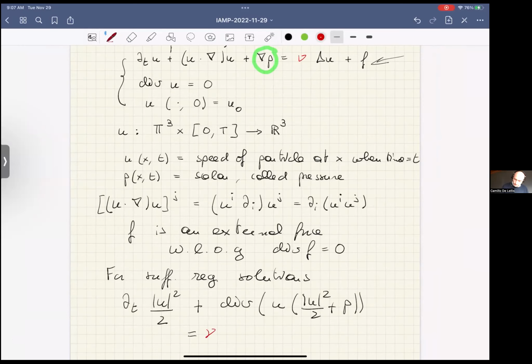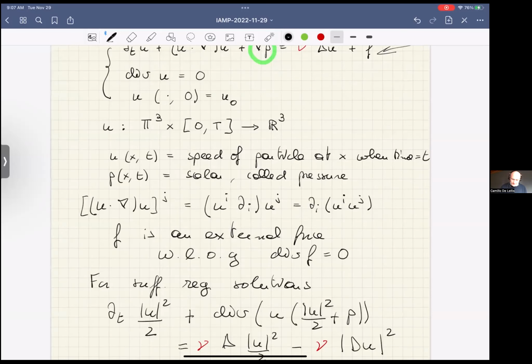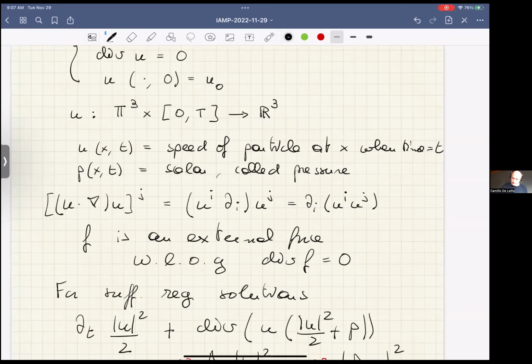So there's going to be your parameter nu, and then there is the Laplacian of the modulus of U squared divided by 2. Okay, but then there's going to be a minus, and then there's again the parameter nu, and then there is the derivative of your velocity squared. Okay, so that's the local balance law for the kinetic energy.